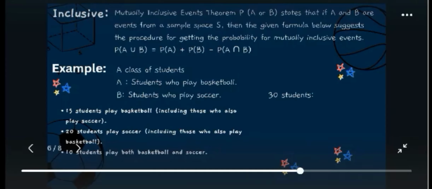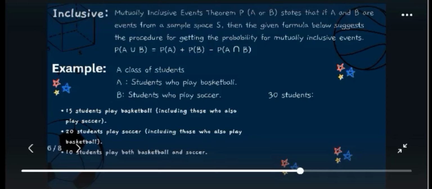So the next is inclusive events. The theorem for the probability A union B states that if A and B are events from a sample space S, then the given formula below suggests the procedure for getting the probability for events that are not mutually exclusive.